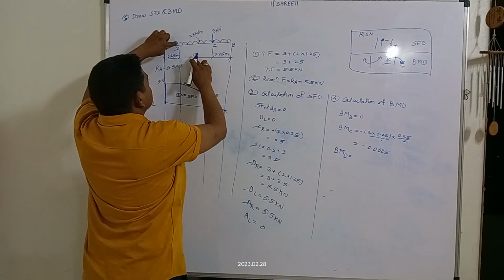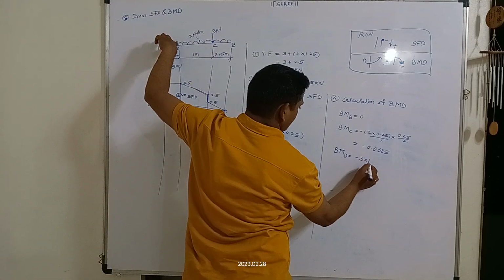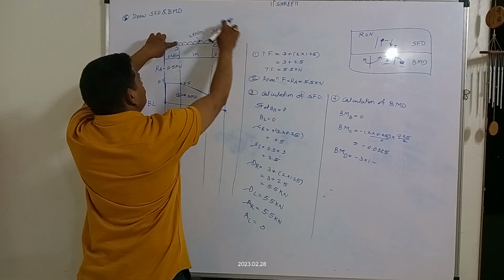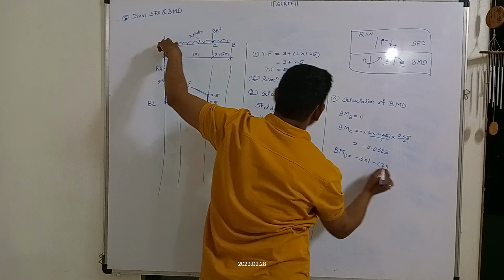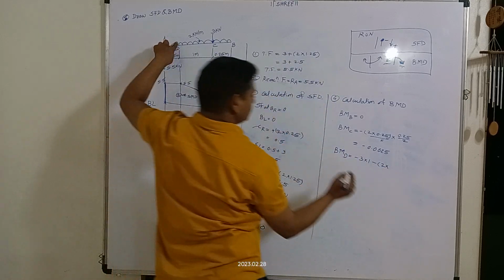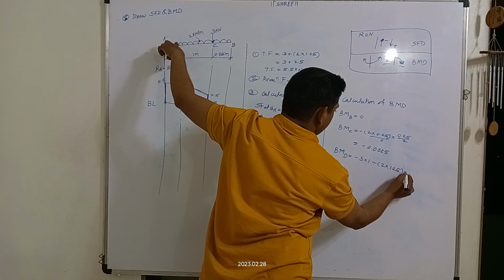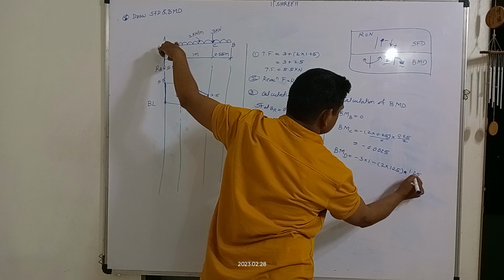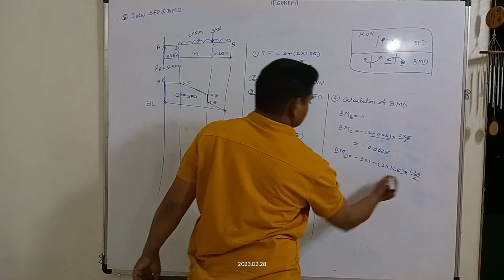Similarly, bending moment at point D is equal to force into perpendicular distance, means 3 into 1, minus the whole UDL, means we write 2 into 1.25, which acts at half of this distance, that's why we write this.